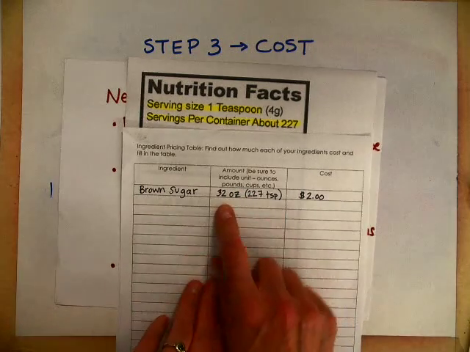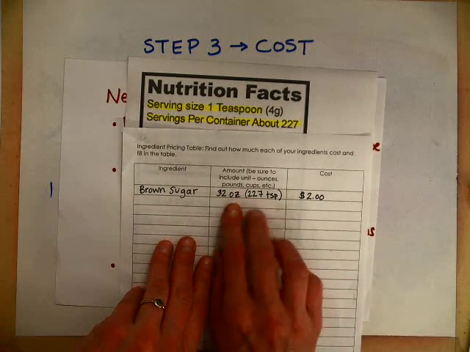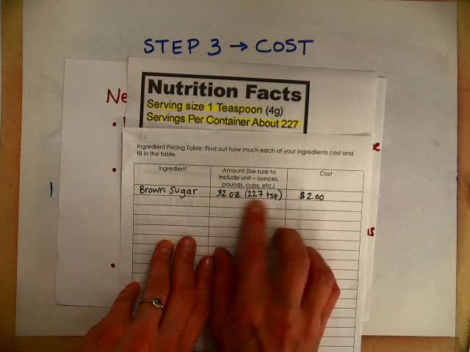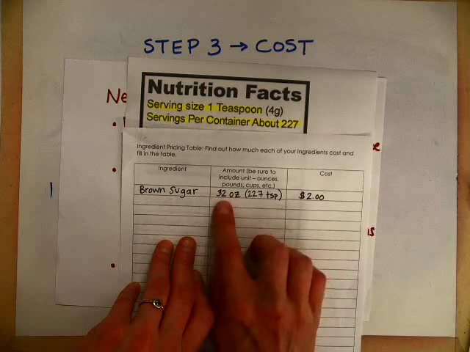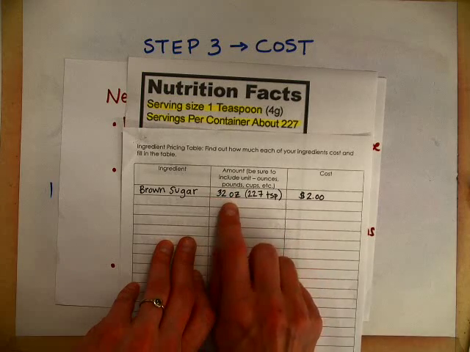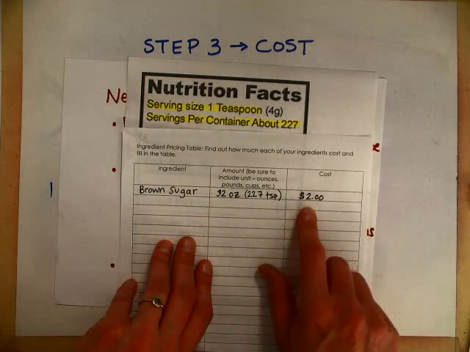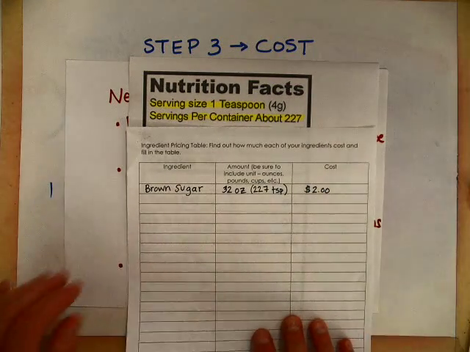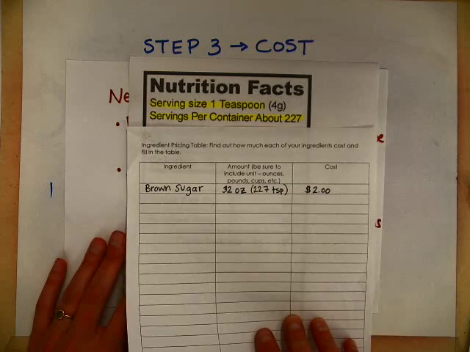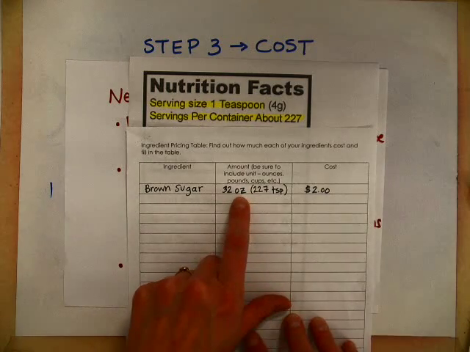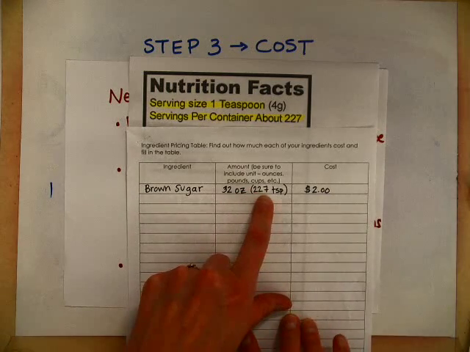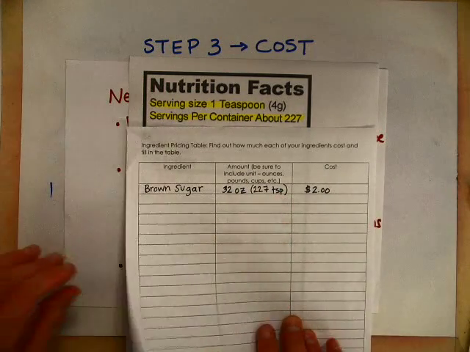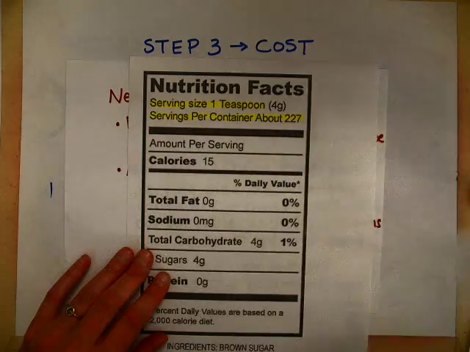So I actually looked up how much brown sugar weighs in ounces, and I found out that 227 teaspoons was about 33 ounces or something. So it's close enough, really. And that was $2. Actually I got this information from my brown sugar at home, but then I also looked it up, and it's the same, so that works.